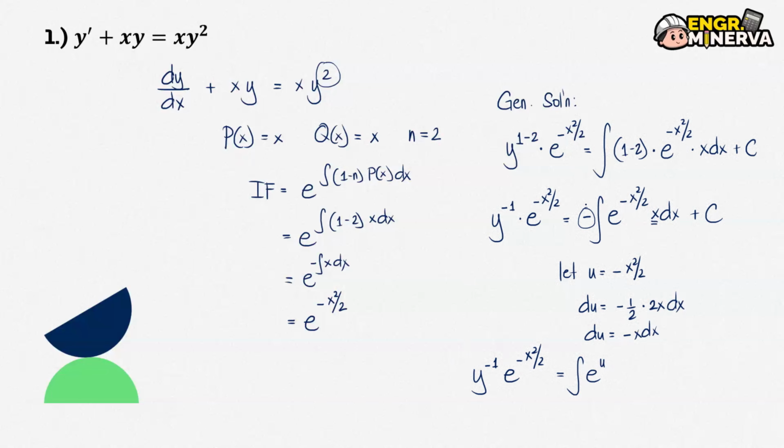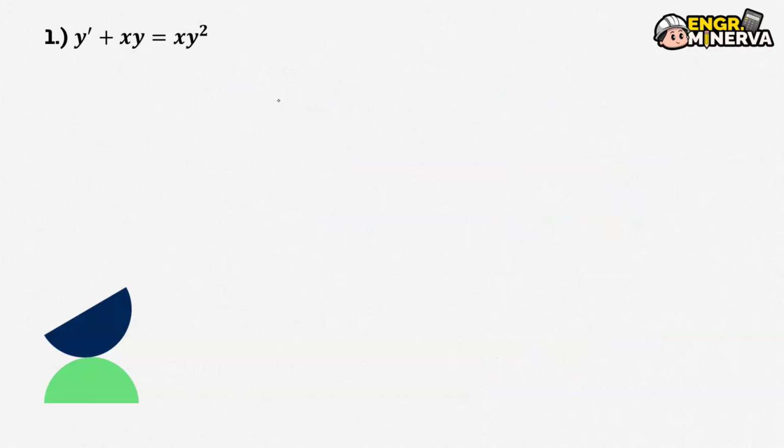So let's just transfer the negative sign here on the inside, and that would be du plus c. And our final answer would be y raised to negative 1, e raised to negative x squared over 2 equals e raised to u, which is also e raised to negative x squared over 2 plus c.